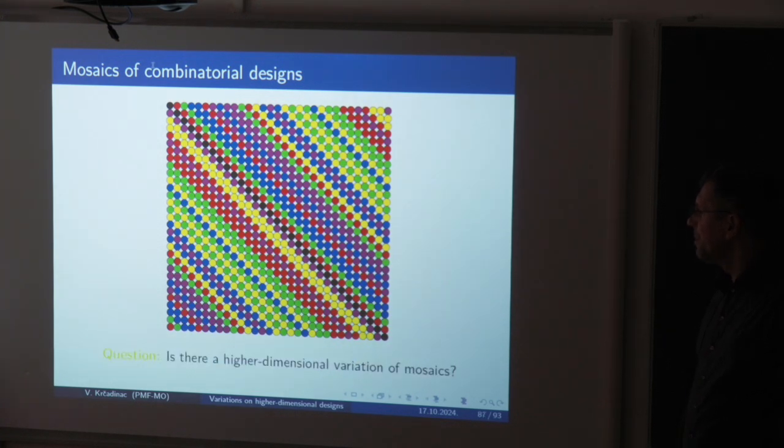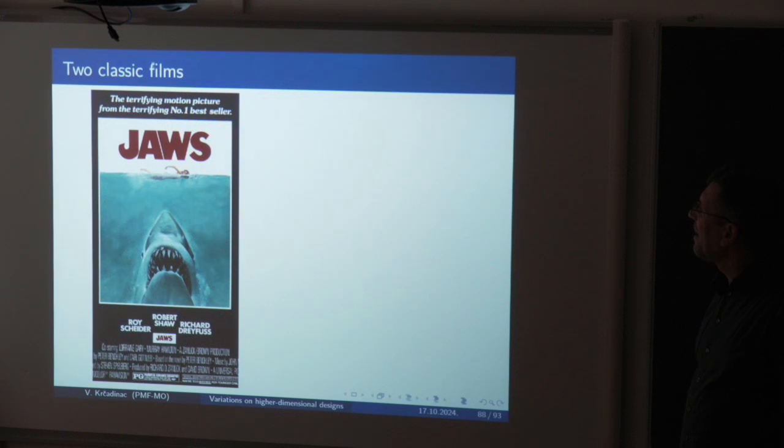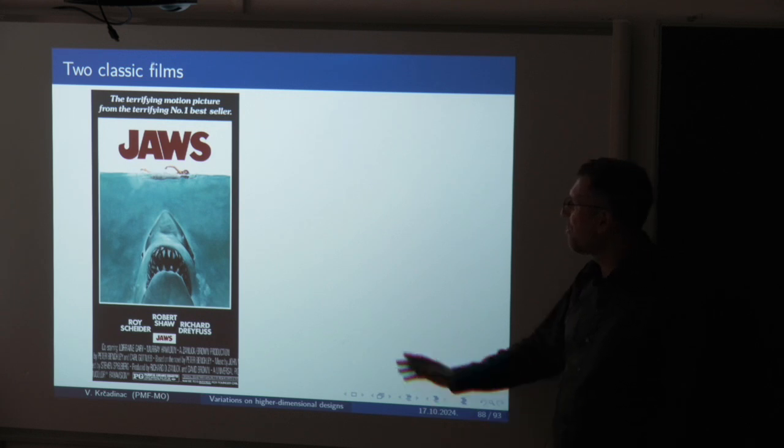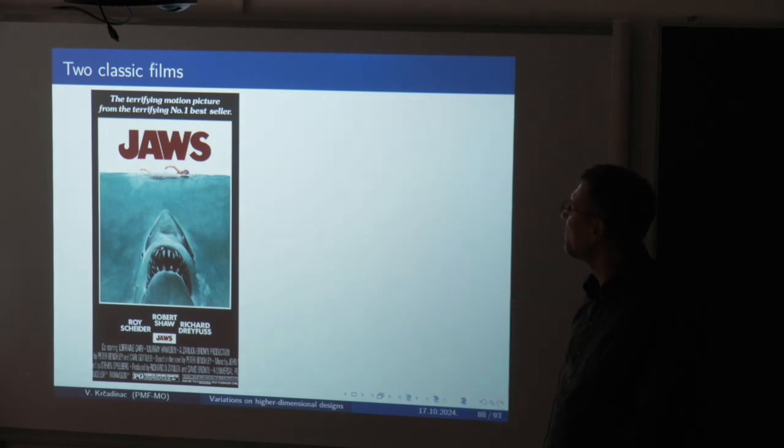Now, perhaps a silly question: is there a higher dimensional version of this? It reminded me of two classic films. One is Jaws, obviously a very famous film about the attack of the great white shark.